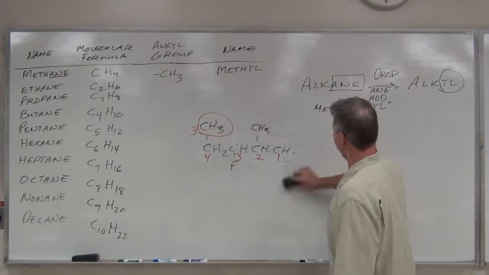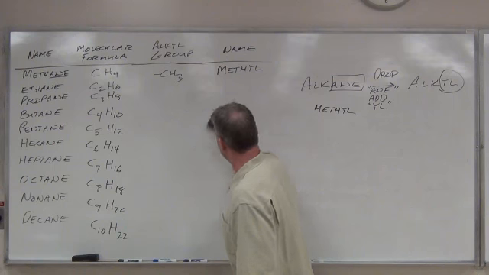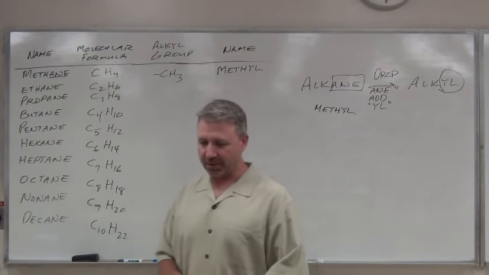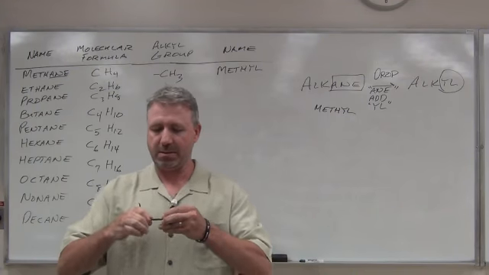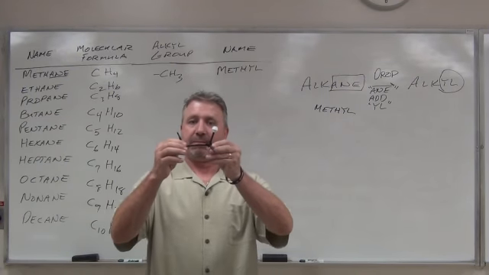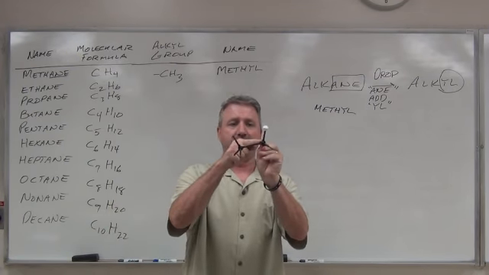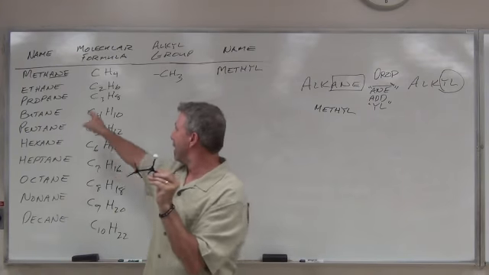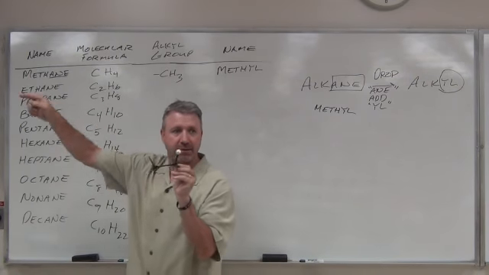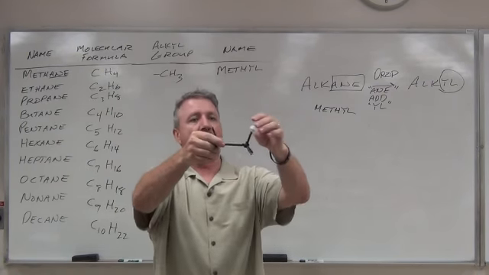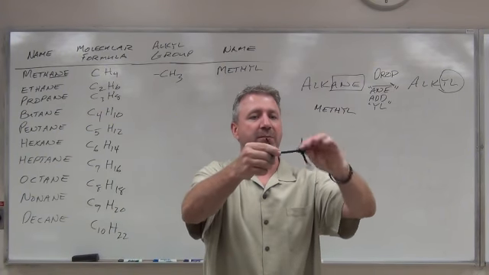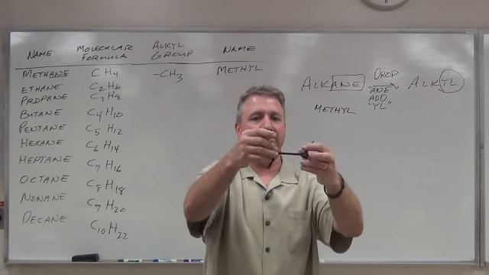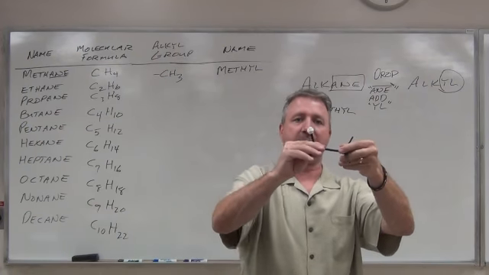So, other alkyl groups. Let's look at ethane. C2H6. Ethane. Look at my little white ball here. Can I make that appear at every other place by simply manipulating the molecule in space?